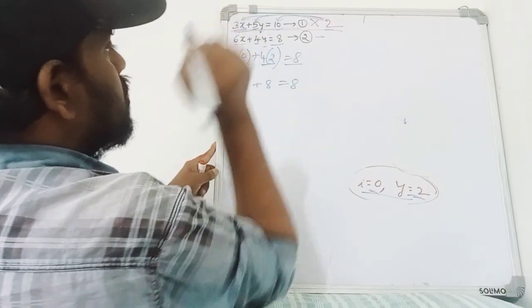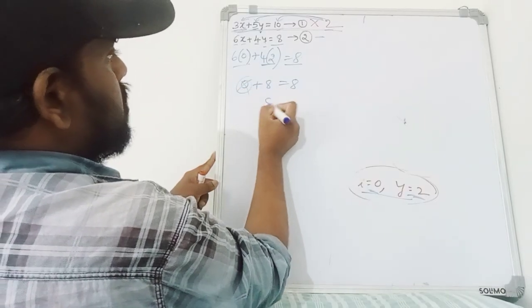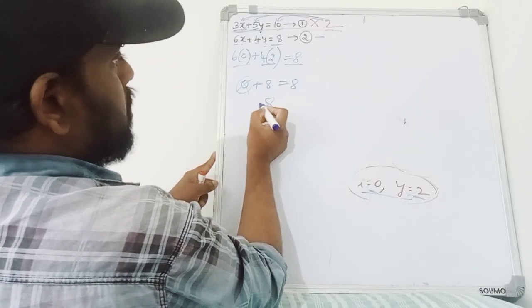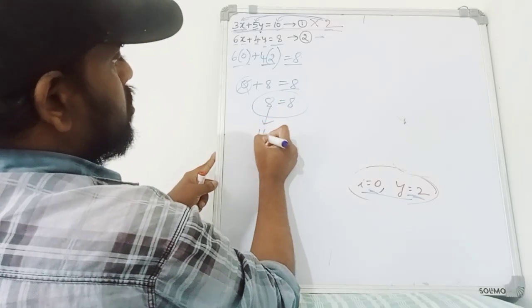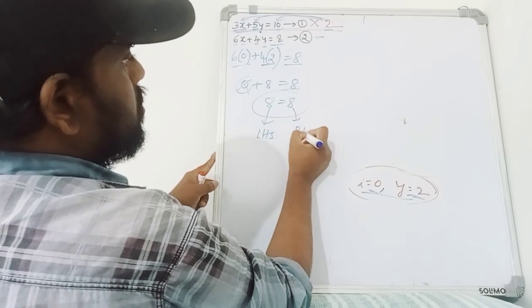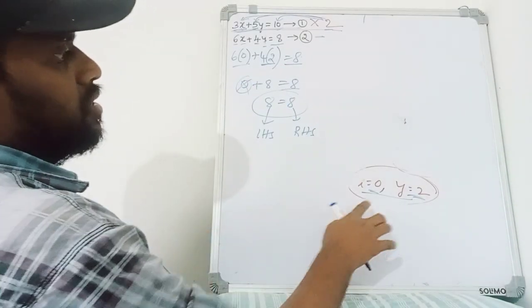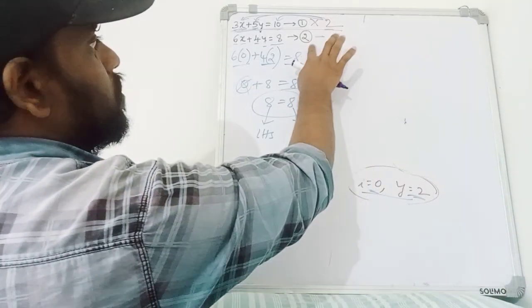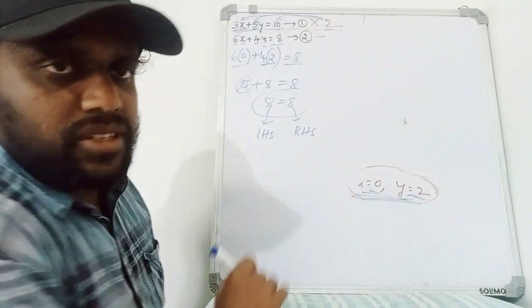This is equal to 8. Next, 0 we can discard. Plus 8 can be written as 8 only, because nothing there means plus. So 8 is equal to 8. See, LHS is equal to RHS, so both sides are equal. That means these two values satisfy equation 2 also. So that means this is the correct answer.